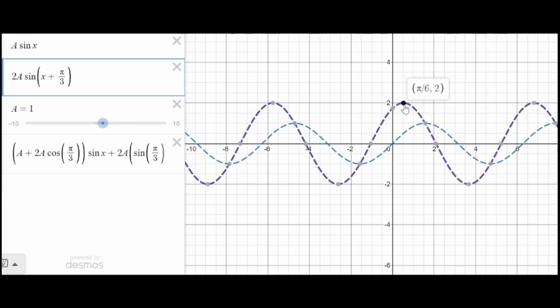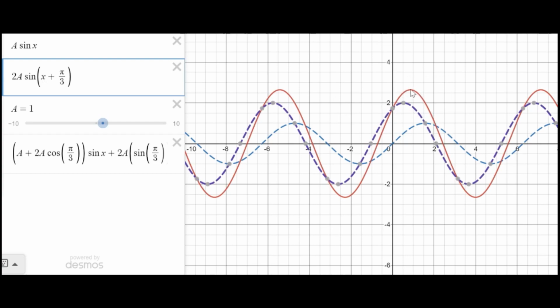So you can see there is a phase difference between the first wave, your blue wave, and your second wave, your purple wave. And the phase difference is pi by 3. When the two waves superimpose, you get a resultant wave.